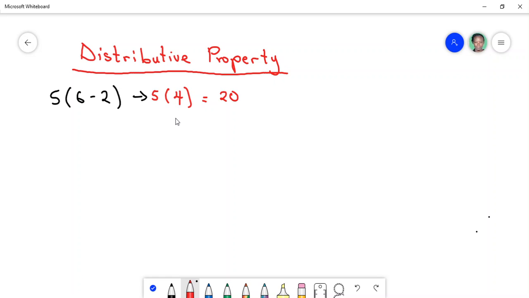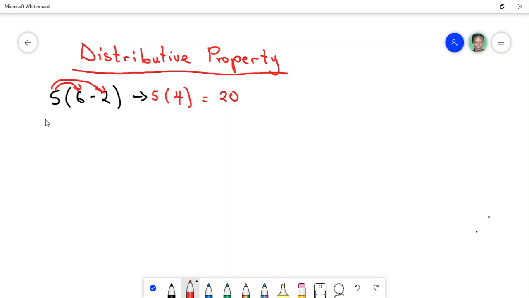But let's look at it this way as well. I have 5 times 6 minus 2 in brackets. What can I do? You realize that I can multiply this times that and this times this as well.